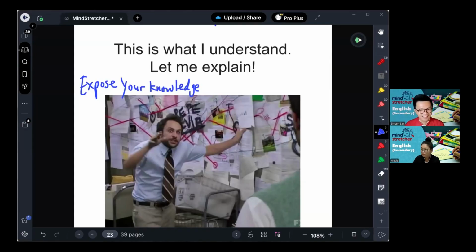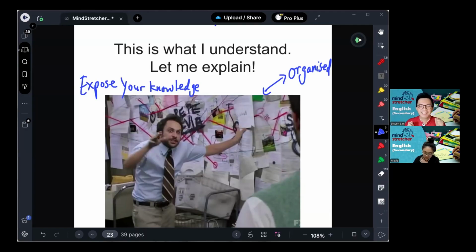the most important thing that you need to do when you write an expository essay is that you need to be very organized. Because if you're not organized, you end up looking like this guy here, big cuckoo already. You understand? You don't want to have all your ideas all over the place like this. It's very good that you understand something, but you must explain it step by step.